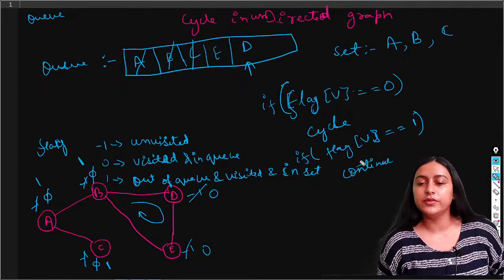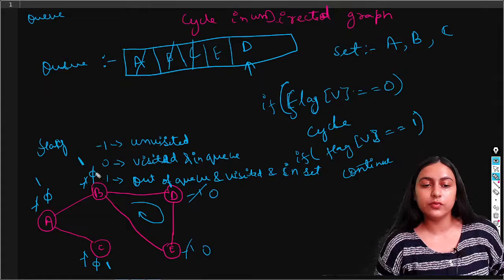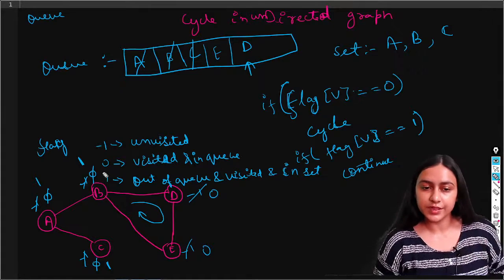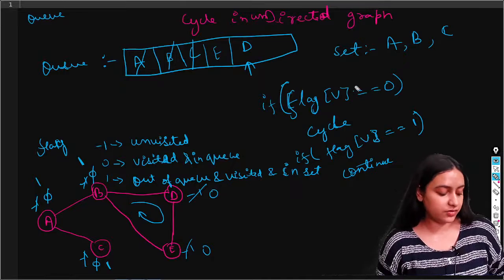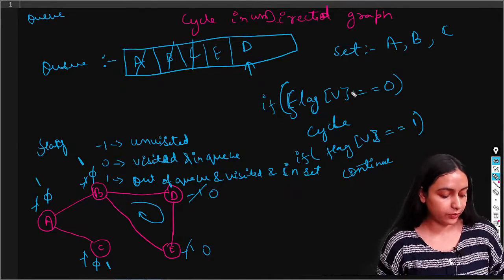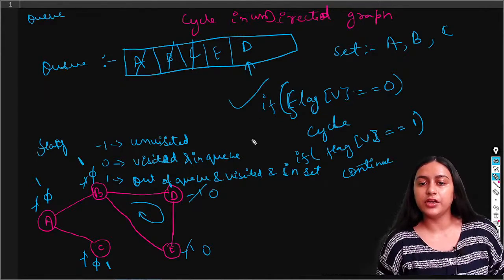We are not bothered with the value 1, because that is already visited and also printed. We only consider the value 0 as the important value. So this is the important condition.